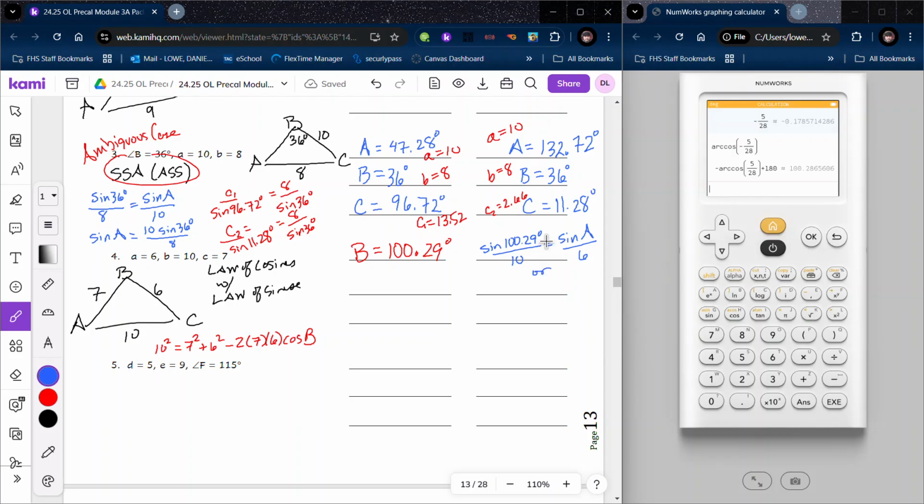Or I could say that 6 squared must be equal to 7 squared plus 10 squared minus 2 times 7 times 10 times the cosine of angle A. So it doesn't matter which one I use, I'll be able to figure out my angle. So I'll go ahead and do the cosines.